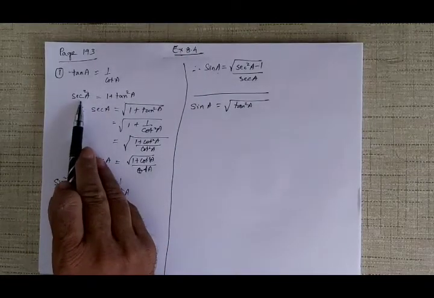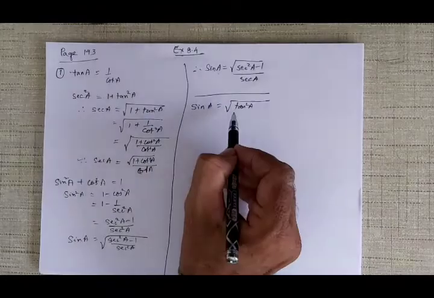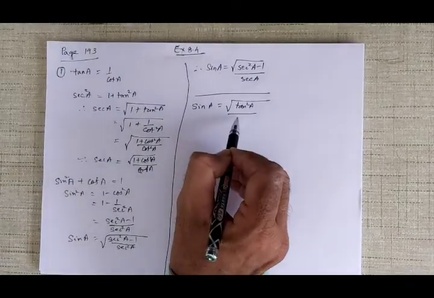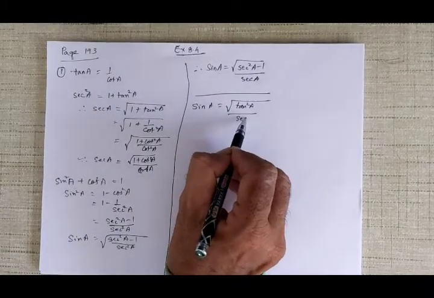Again, see here, sec square A minus 1 will be tan square A, so sin A is root of tan square A upon sec A. Okay, sec A is reciprocal, keep sec A as it is just now.